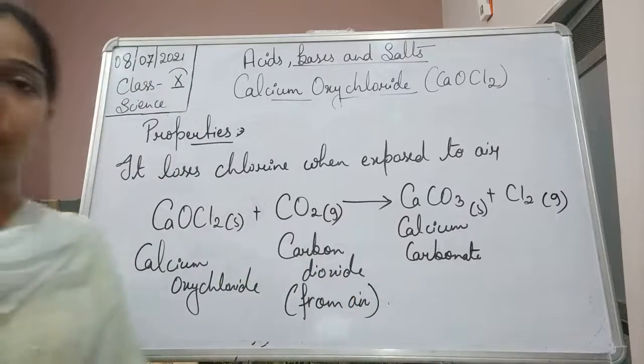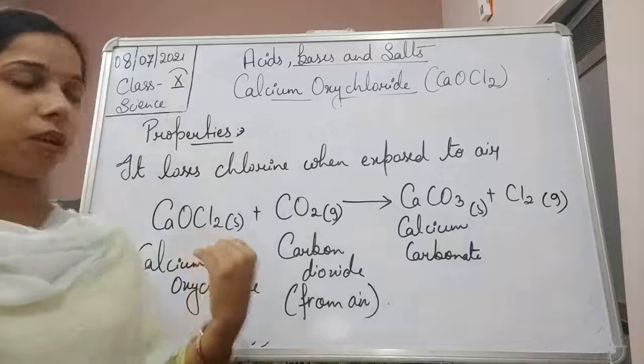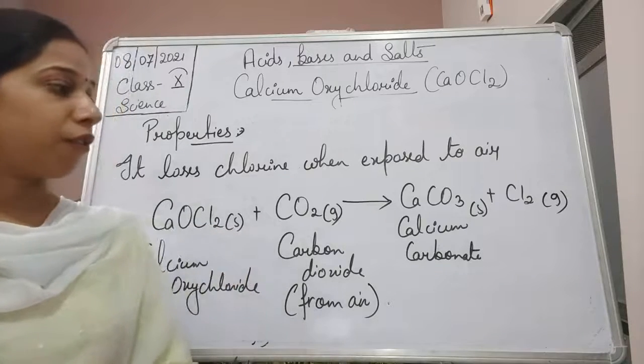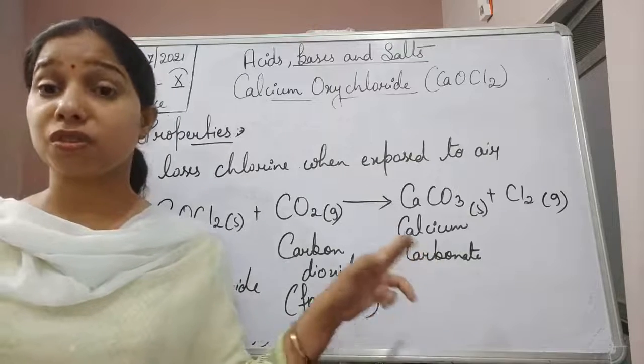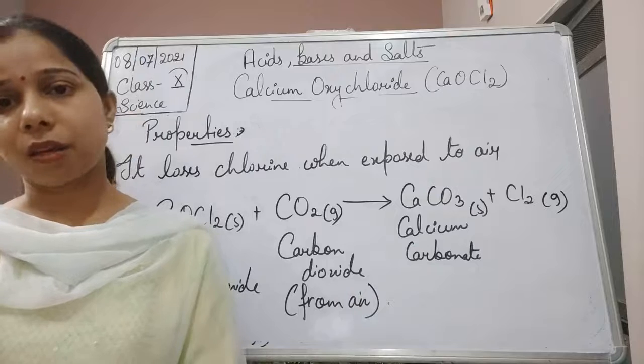So carbon dioxide which is taken from the air, when it reacts with the calcium oxychloride which is now exposed to the air, then there is a formation of calcium carbonate which is in the form of a solid, and there is a release of chlorine gas along with it.